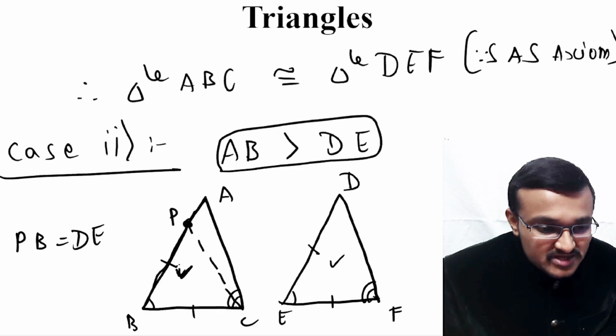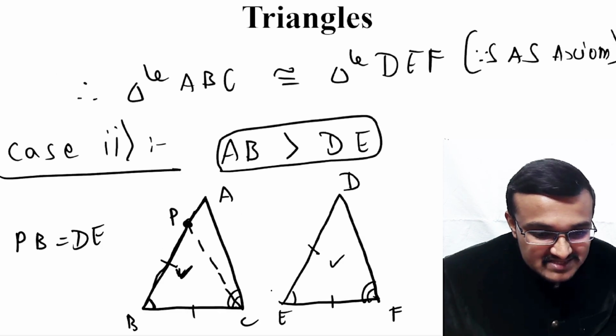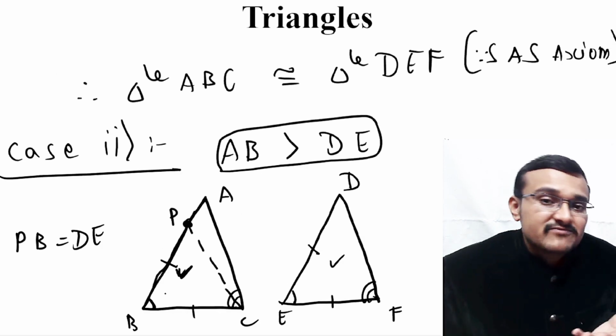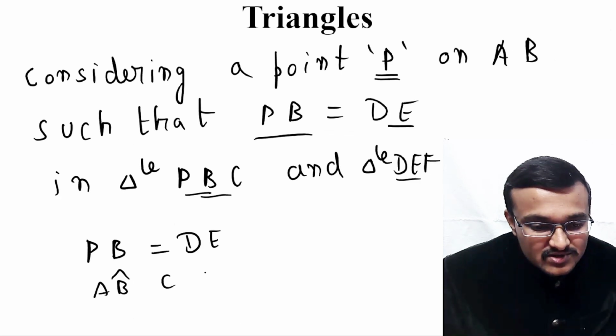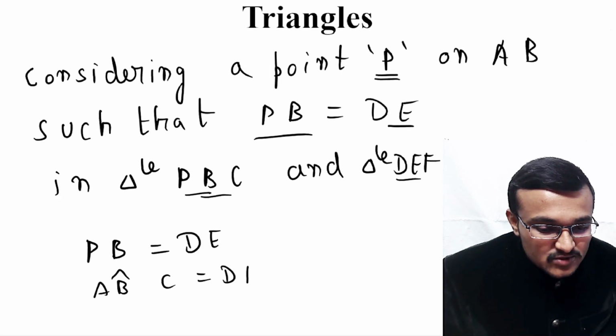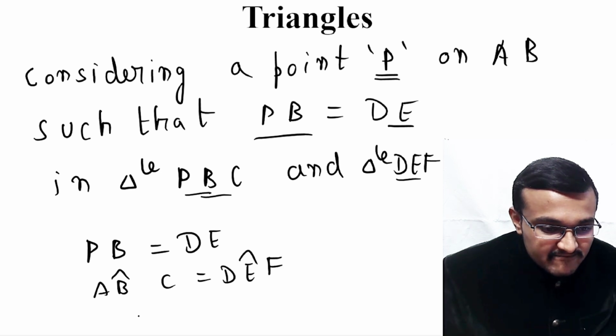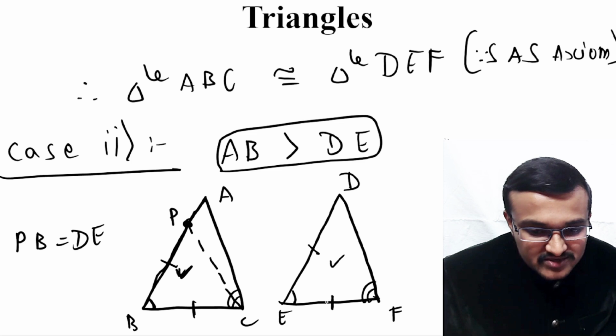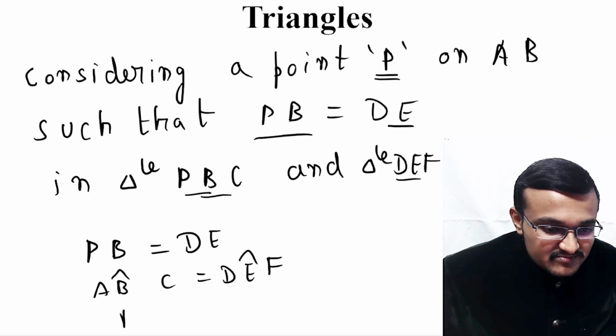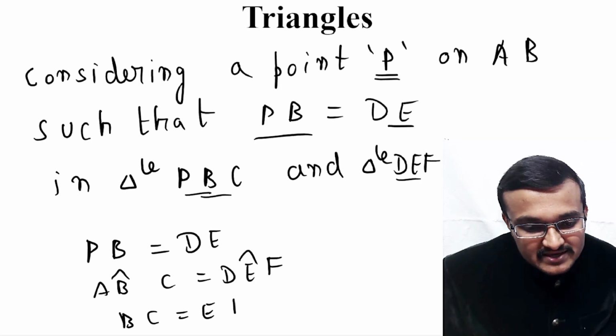And here this particular angle ABC is equal to DEF. This is already given in the theorem. And in this particular theorem, we already know that BC is equal to EF.